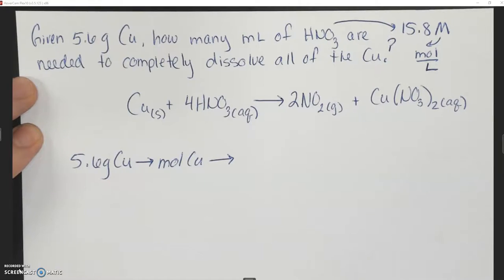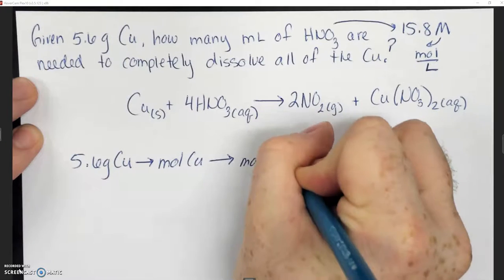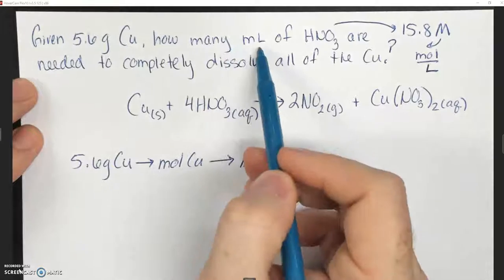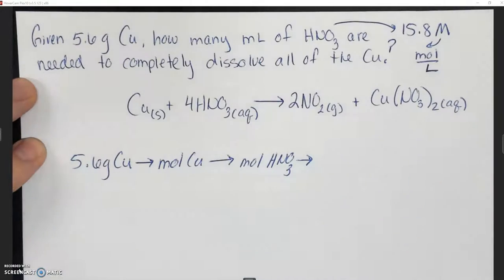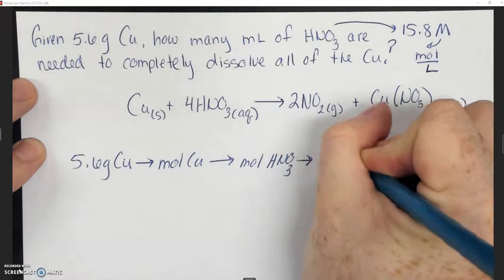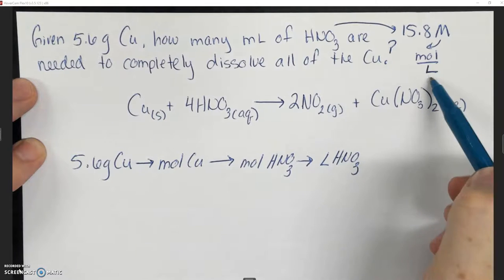In this case, it's HNO3, nitric acid. And then once the moles of HNO3 are reached, we can finally take that over to a volume. We don't want the grams this time because the question didn't ask for the grams, it asked for the milliliters. We can go from moles to liters of HNO3 very easily, and we're going to use the molarity for that, and I'll show you.